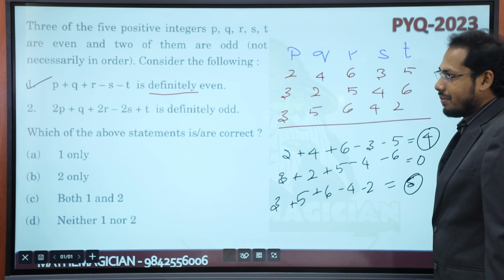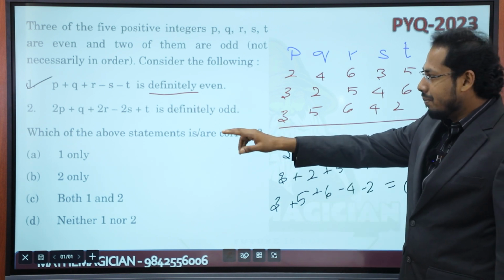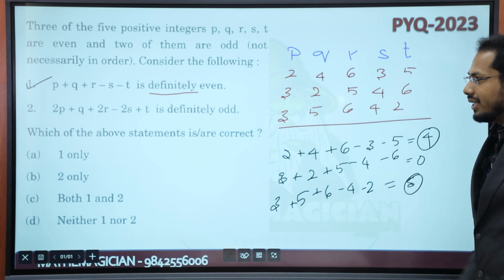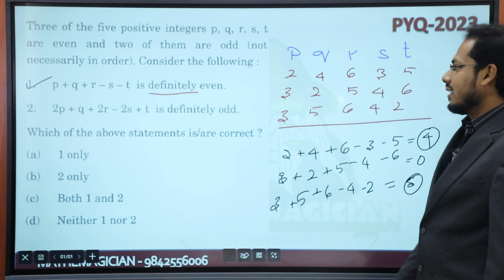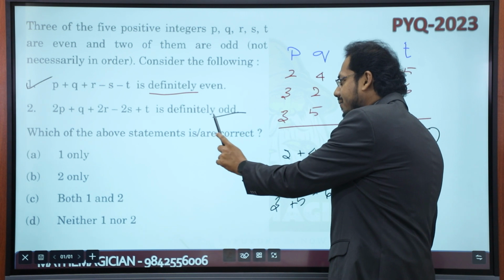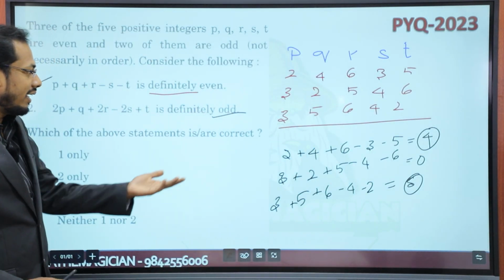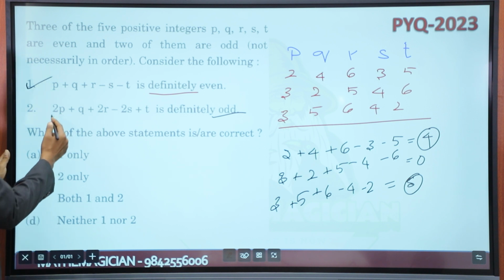Check the second statement: 2 times p plus q plus 2r minus 2s plus t is definitely odd. Here, the same concept, they are saying that it is an odd number. Let me check with the same numbers.